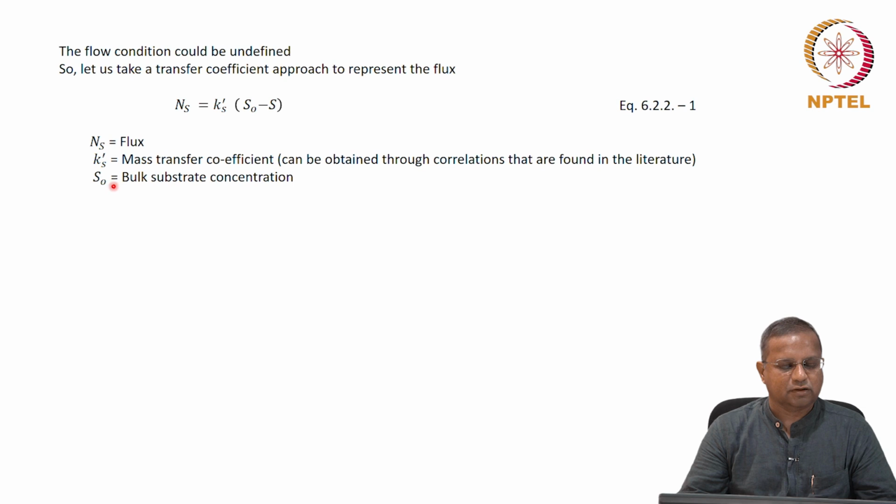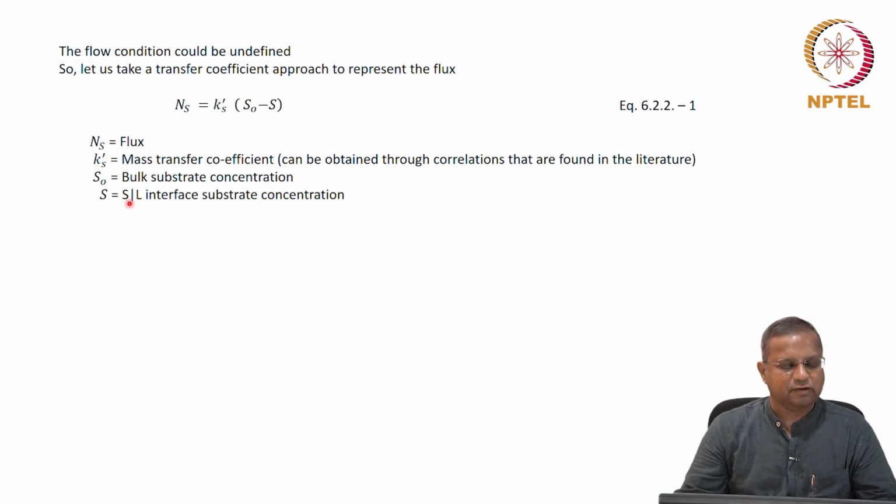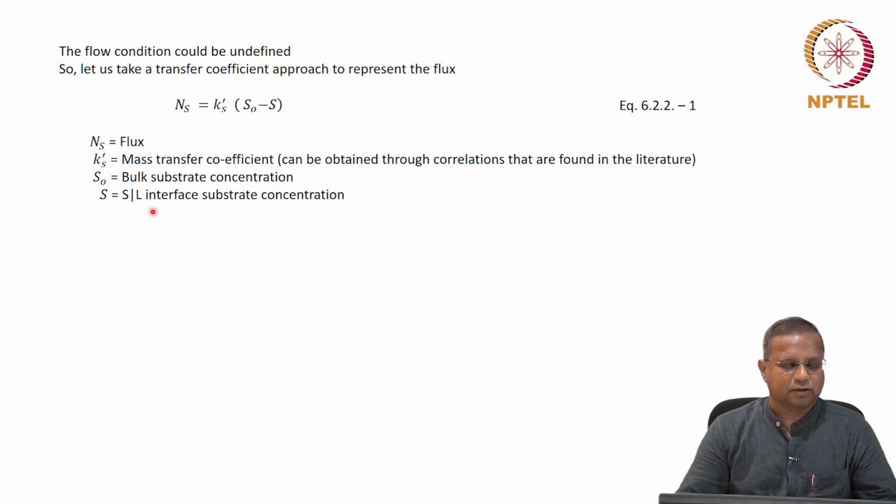S0 is the bulk substrate concentration in the liquid, S is the liquid solid interface substrate concentration, the solid liquid interface where the reaction happens. Of course, nothing happens on the other side because there are no pores, but the entire reaction happens on the surface, and S represents that substrate concentration.